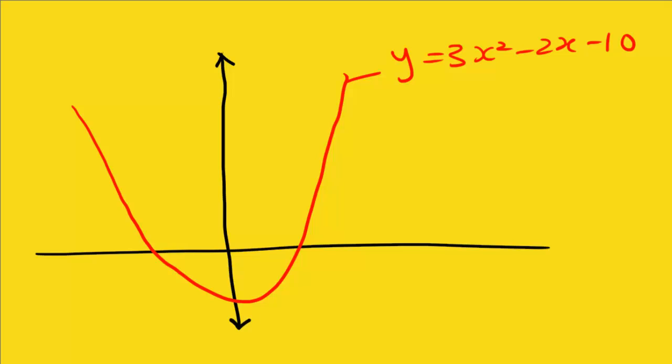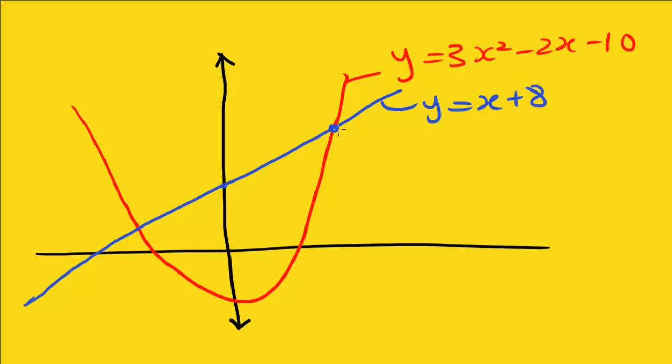We found out that y needs to be x plus 8 for this graph to give us a solution to the equation we're asked to solve. So y equals x plus 8 is a graph that looks like this. So this blue line is y equals x plus 8. The point of intersection will give you the solution. So that's the idea. It's a lot to take in.